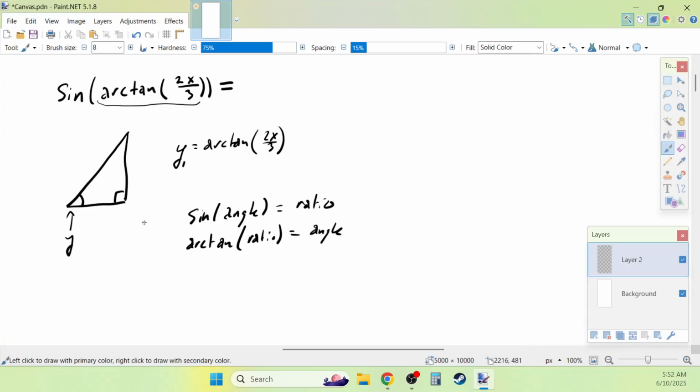So if I let y equal arctangent of 2x over 3, and I build a triangle where the tangent is 2x over 3, well, if I plug in the ratio of these two sides into arctangent, I will get out the angle y.